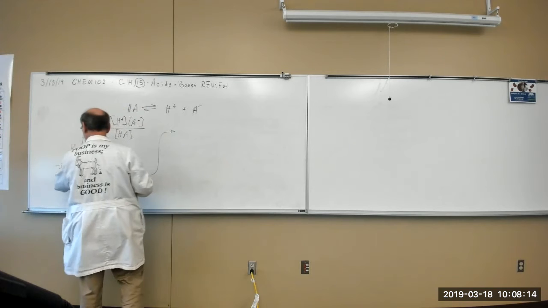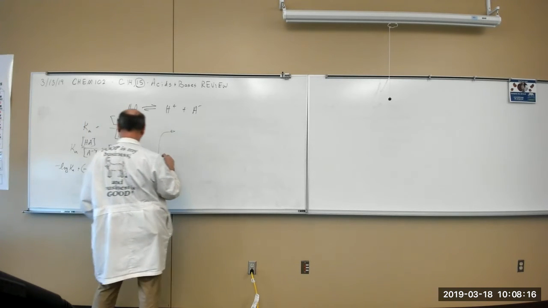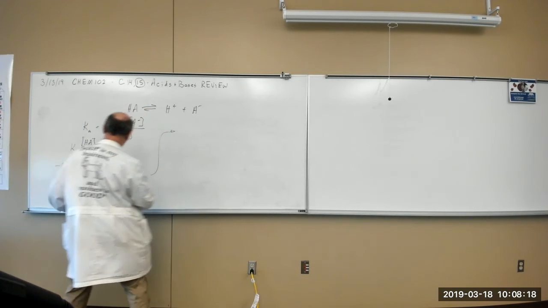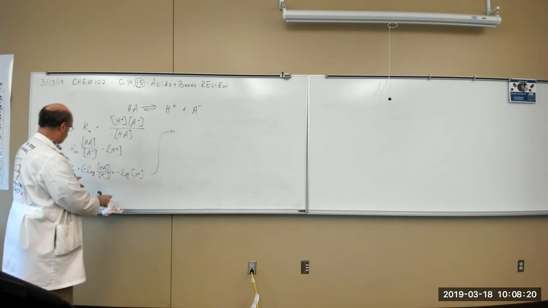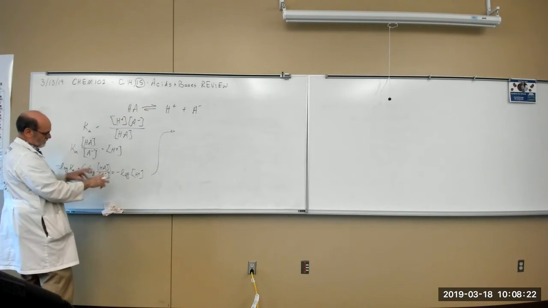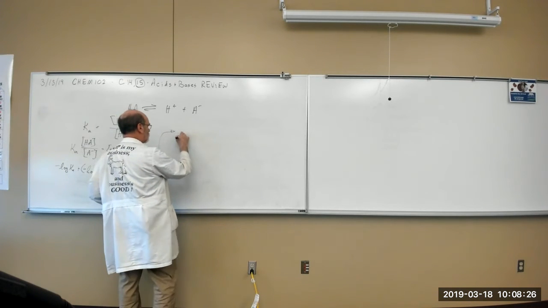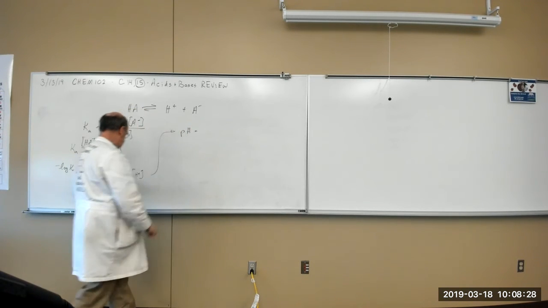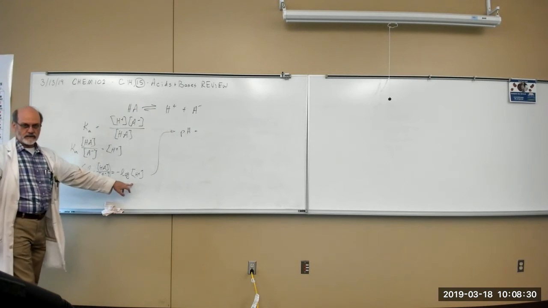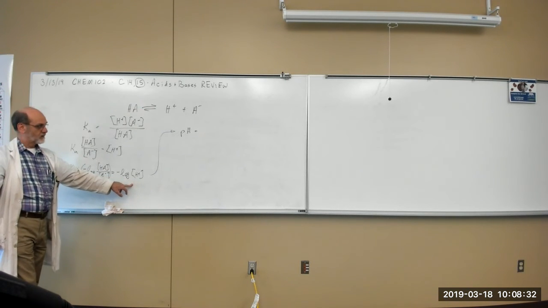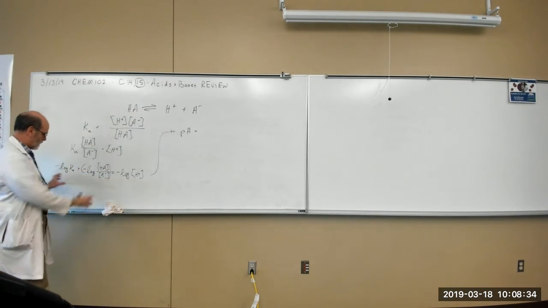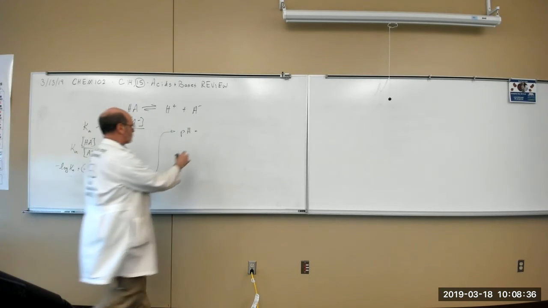So the negative log of Ka is what? Oh, I forgot to flip them. Sorry, I went straight to the negative log. That's okay. Now I'm going to flip and put this one on this side. Negative log of hydrogen ion concentration is pH. So pH is equal to this expression.